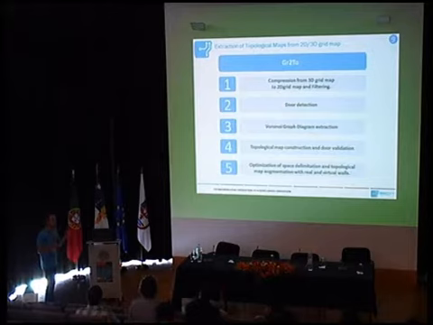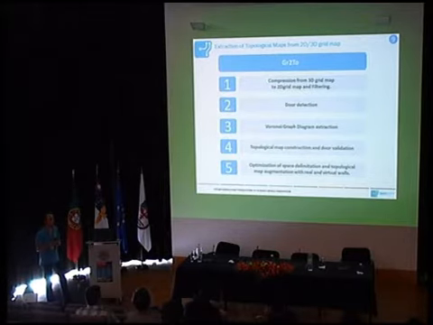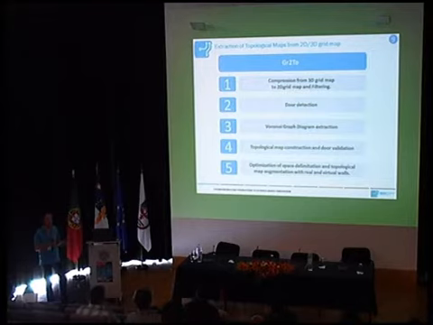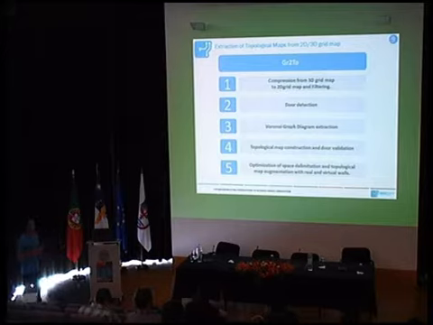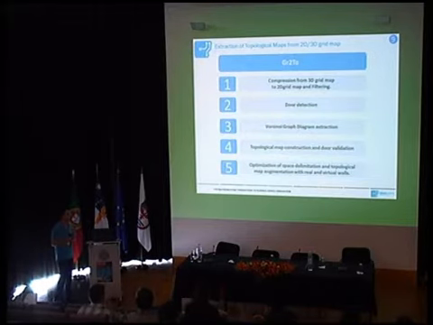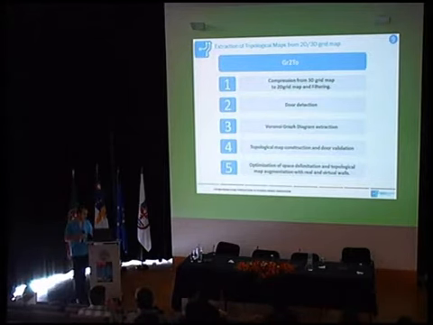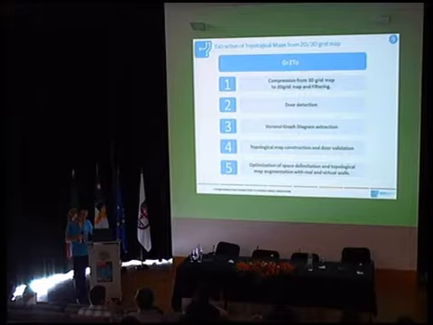Then the approach detects doors, trying to find from the occupation grid maps the most likely place for a door to exist. Then it extracts the Voronoi graph from that map. Then it constructs the topological maps with doors and validates the doors. Then it optimizes the spaces and augments this topological map with real and virtual walls.